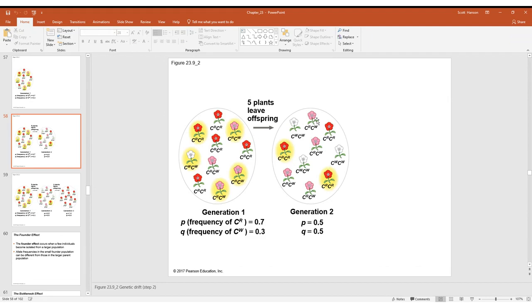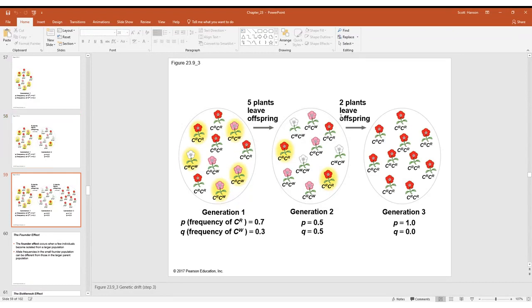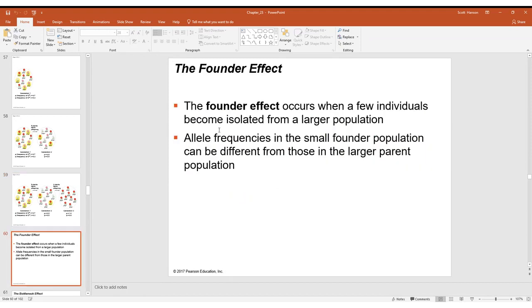And also, if just a small number of these were founders of a new population, just 2 of them that were red were founders of a new population, well, then that new population is going to be very different in its allele frequencies from this population or from this population. So that's what we mean by founder effect.